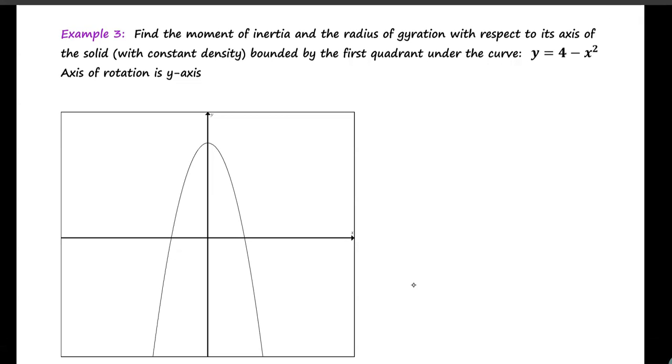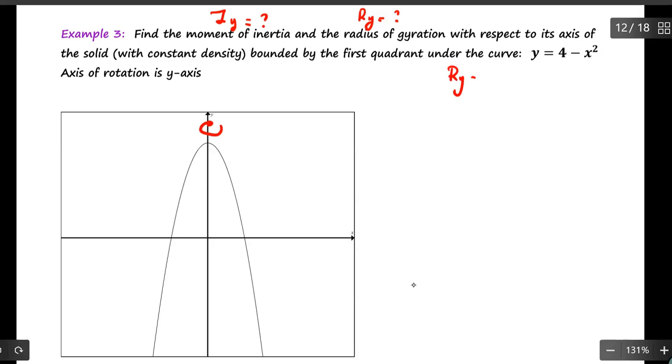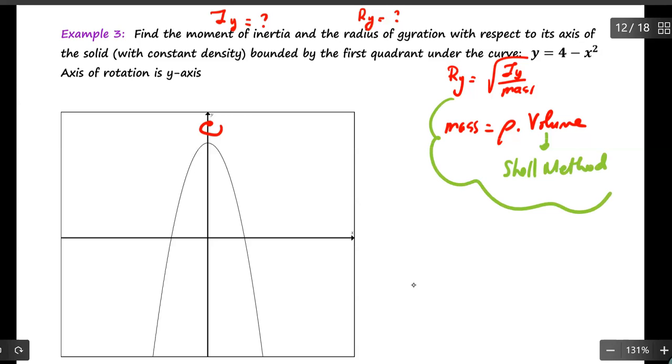So I'm going to find the moment of inertia, and in this one I have to find Iy, and I also have to find Ry, and Ry is equal to square root of Iy divided by the mass. And don't forget, the mass in this case is rho times the volume. And for the volume, we are going to use the shell method. Okay, so these are very important.